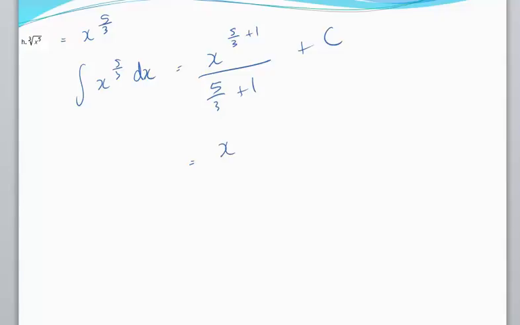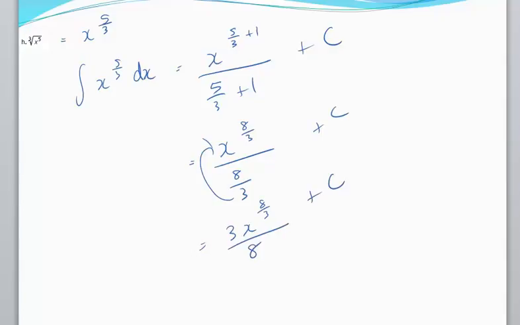So here 5 on 3 plus 1 more is 3 lots here, so it's going to be 8 on 3 divided by 8 on 3. We multiply out plus our constant c, so it's going to be 3x to the power of 8 on 3 divided by 8 plus our constant c here.